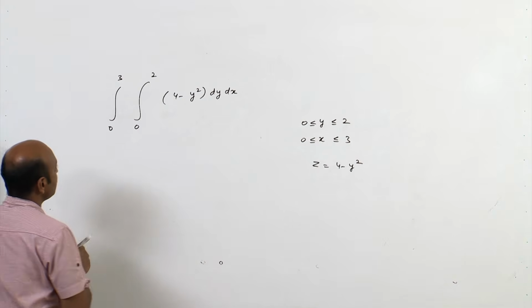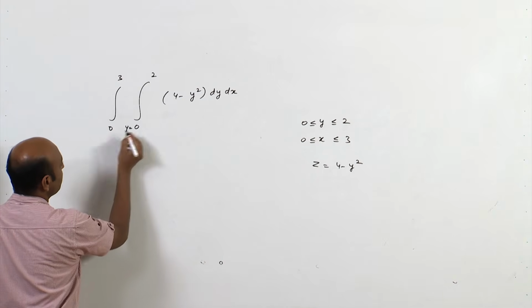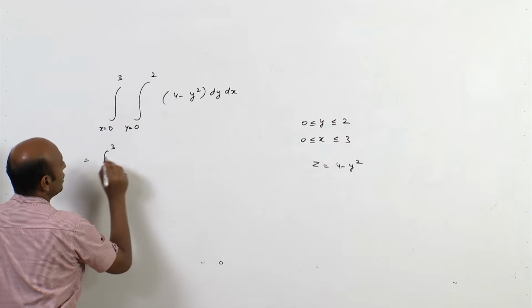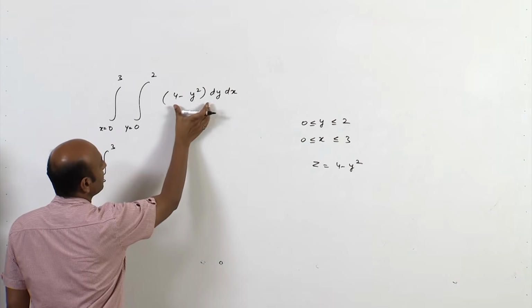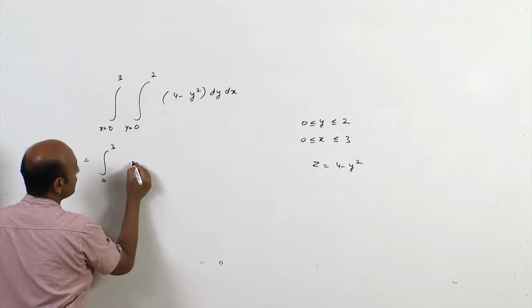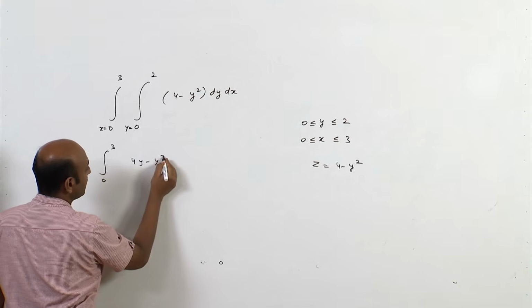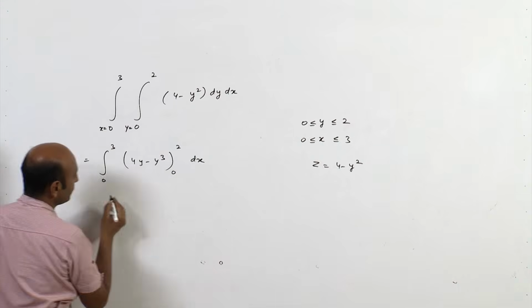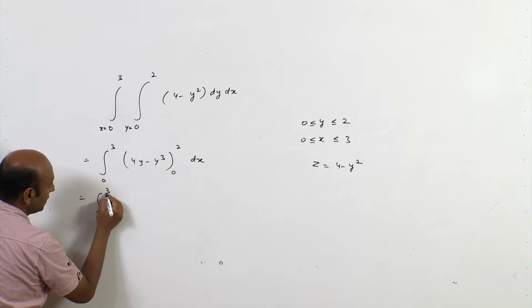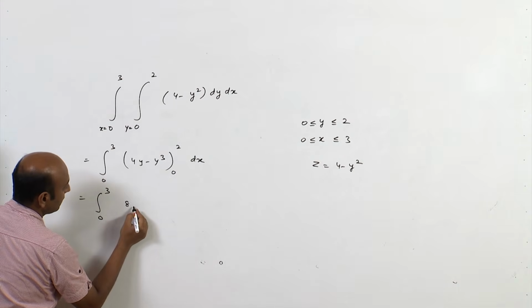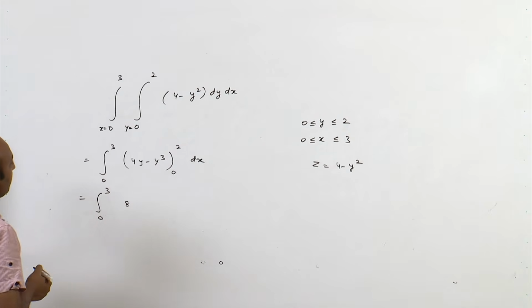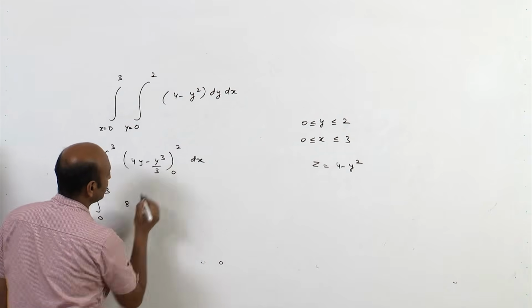So, how to evaluate this? This is the limits for y, this is the limits for x, so this is 0 to 3. You simply integrate this keeping x constant. So, it is 4y minus y cube by 3, from 0 to 2, dx, from 0 to 3.